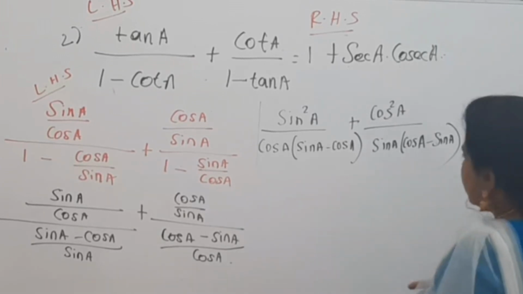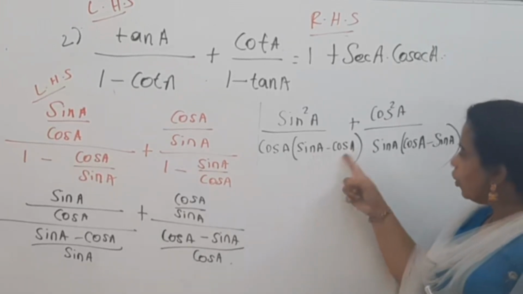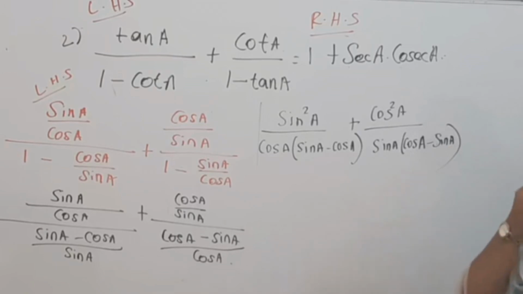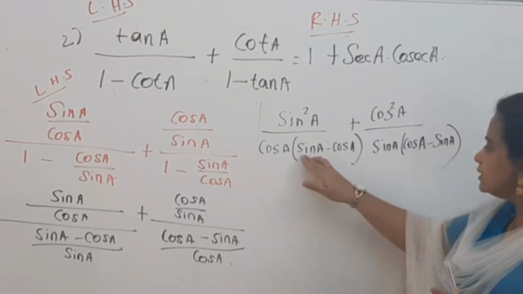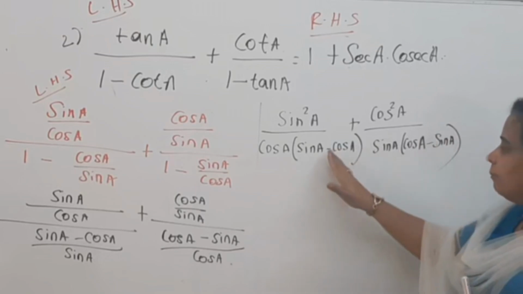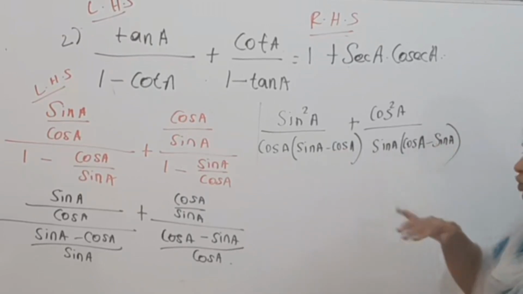So now you can see here sine A, cos A, sine A, the terms are the same but the symbols are different. This is plus sine A, this is minus sine A. Minus cos A, plus cos A. So change it.